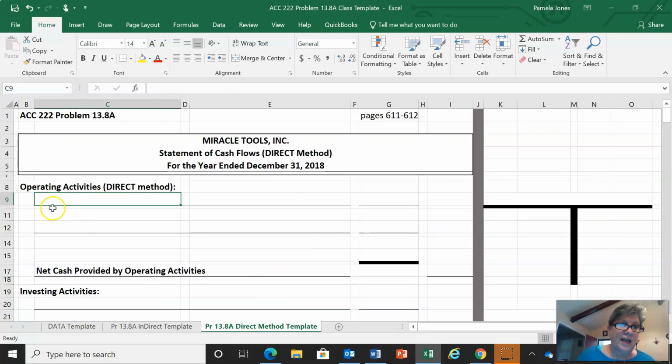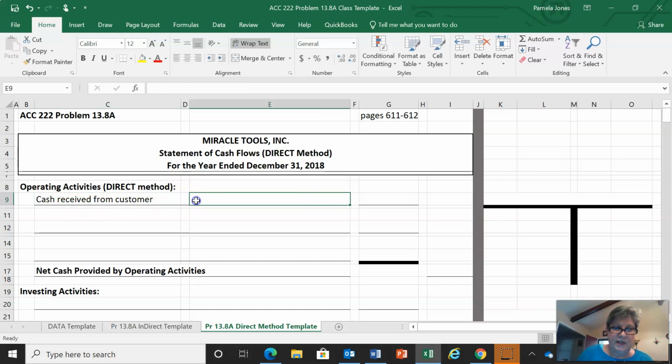So back on our cash flow statement, we're going to call this cash received from customers. And as I said, we're going to start with the sales figure, which was $350,000.